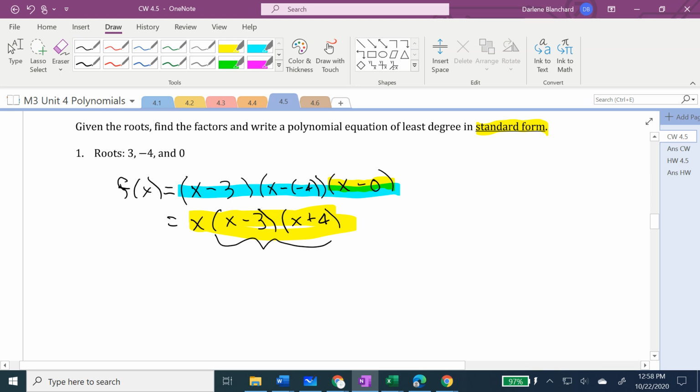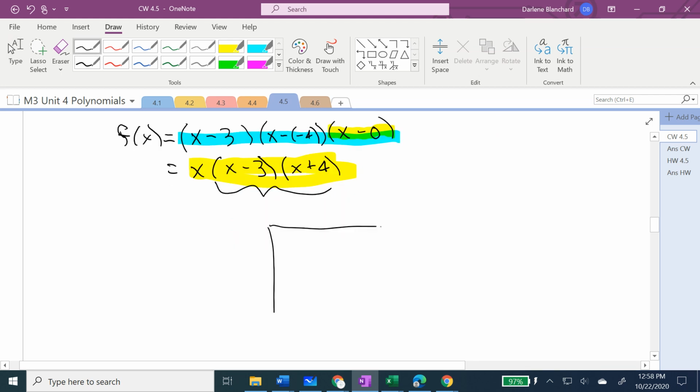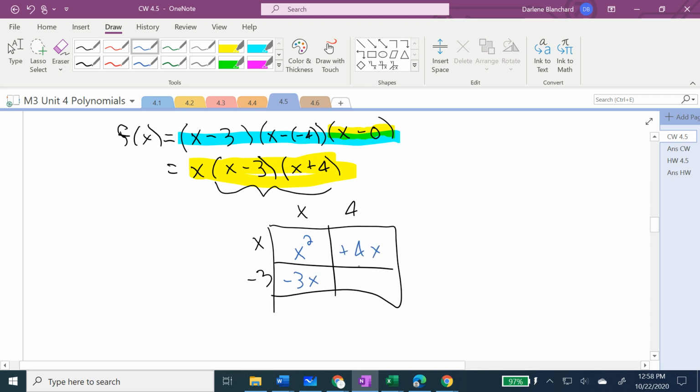So when I multiply those two, x minus 3 and x plus 4, you can do the box multiplication, and that's going to give you x squared, negative 3x, positive 4x, and negative 12.